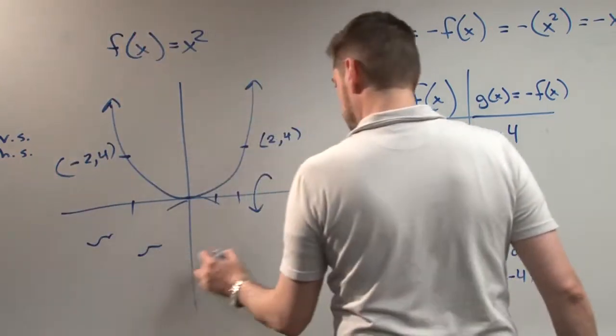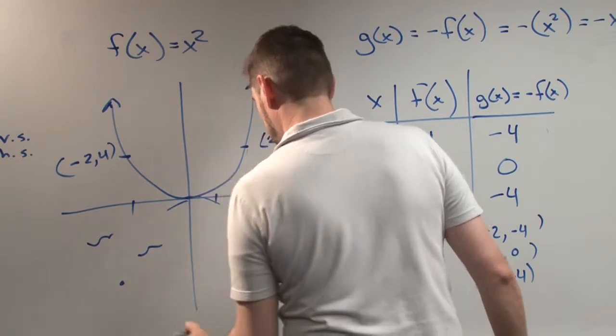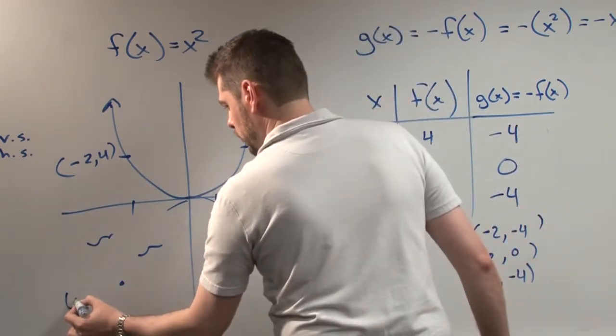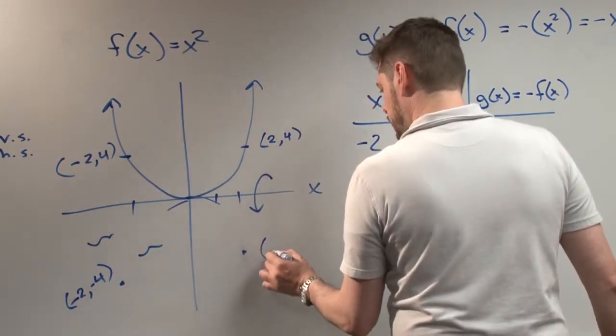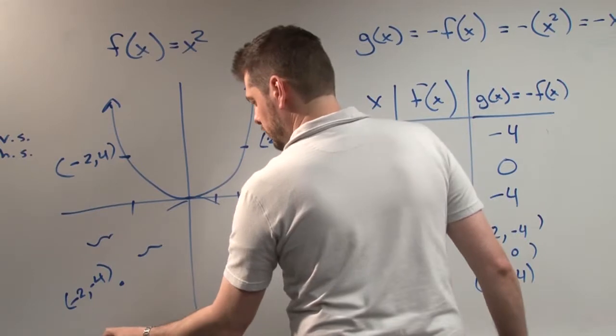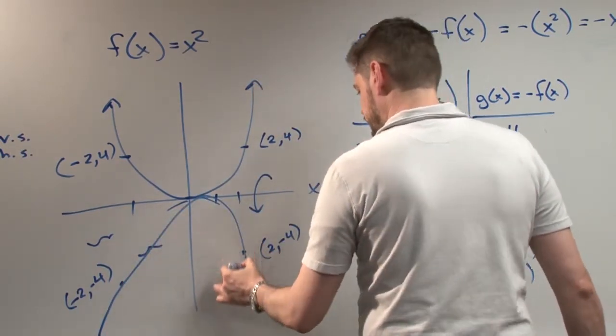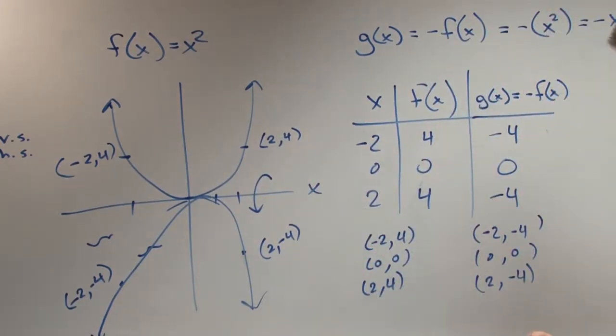Because my y-coordinate in both cases is negative, I can see almost right away that my shape is a reflection of my original function. In my head, it looks a lot better.